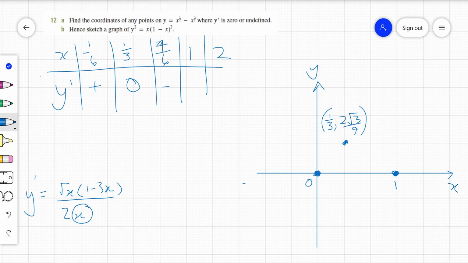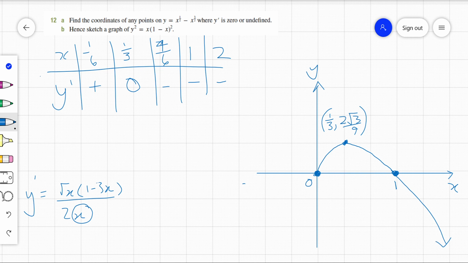If you put 1 in, that was just a point on the graph, not a stationary point. So when we actually put 1 in, 1 times a negative, so you get a negative. When I put 2 in, I'm also getting a negative. So you can see what's happening. It's clearly increasing up to our stationary point, and then it's decreasing, and it's still continuing to decrease.